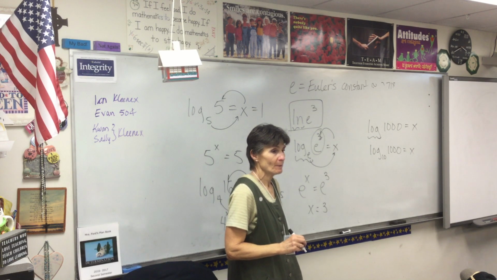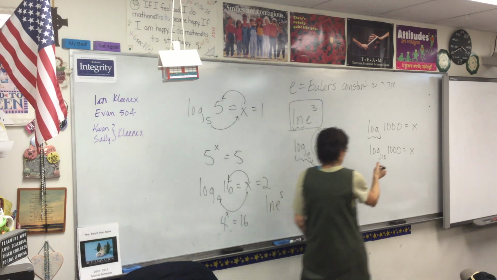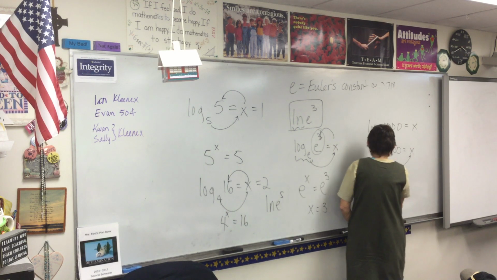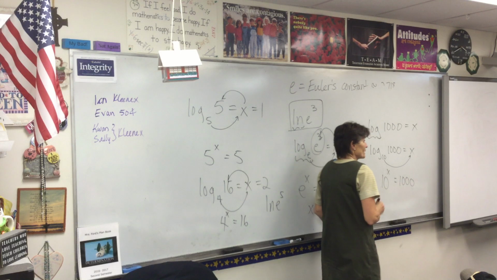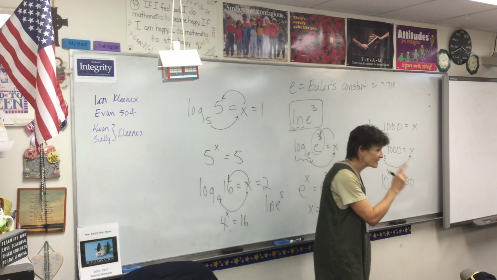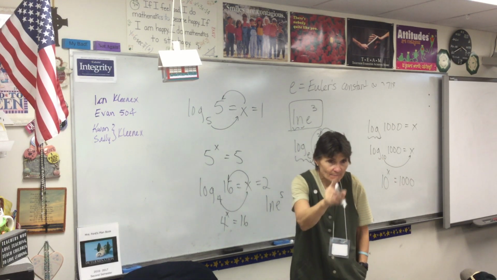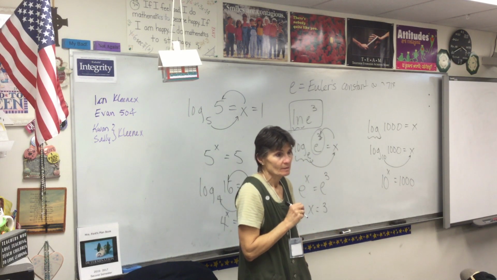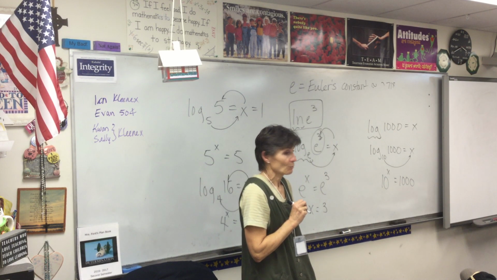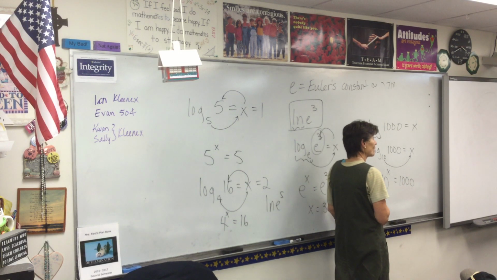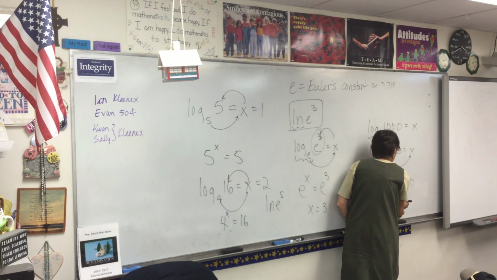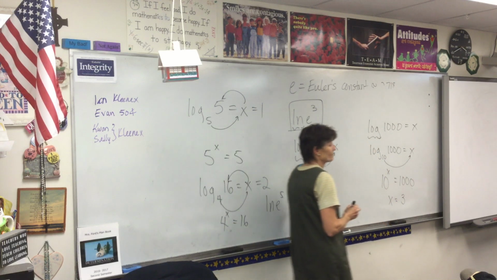It's understood to be base 10. So is that 100? No. 10 to the x is 1,000. 10 times itself, how many times gives you 1,000? 2? 3. 3? 3. 10 times 10 times 10 is 1,000. So x is 3. The answer is 3.